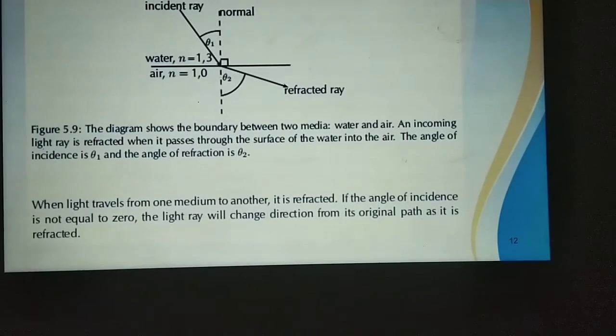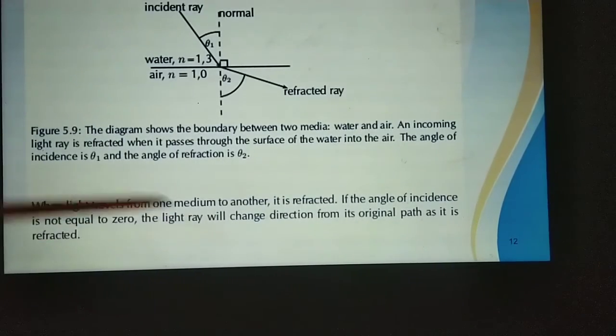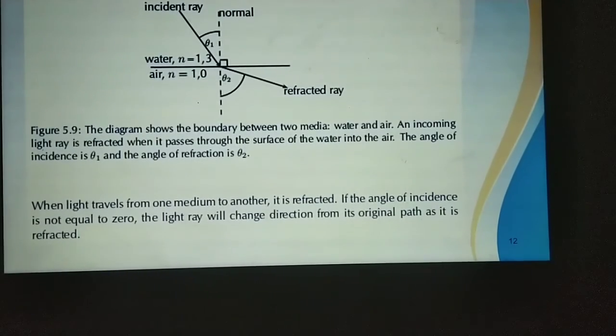Now when light travels from one medium to another, it is refracted. If the angle of incidence is not zero, the light will change direction from its original path as it is refracted.